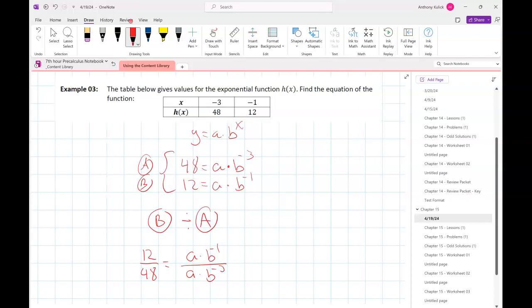So far, so good? What's 12 divided by 48 reduced to? 1 over 4. Good. And then what can I reduce from a times b to the -1 over a times b to the -3? You can do that, right?